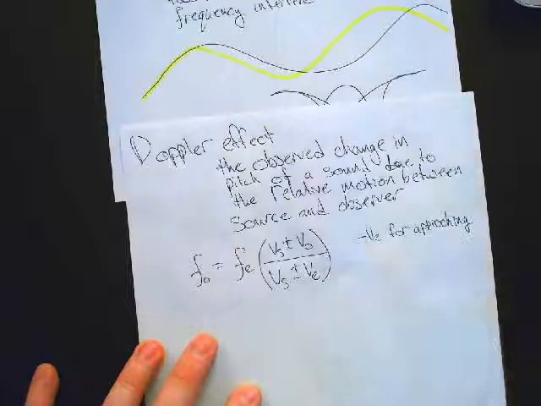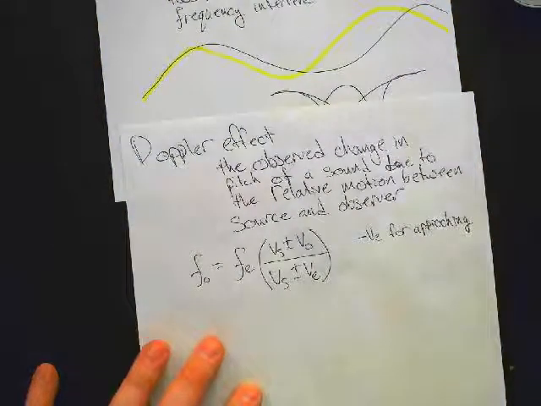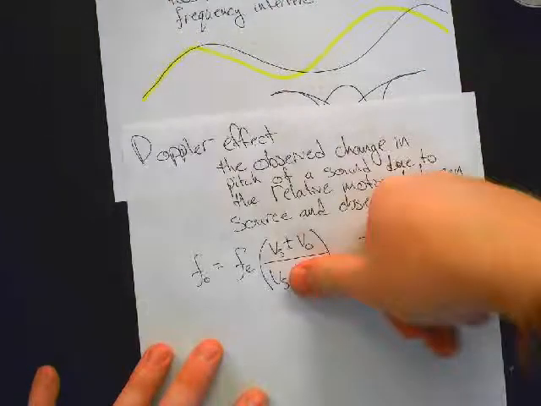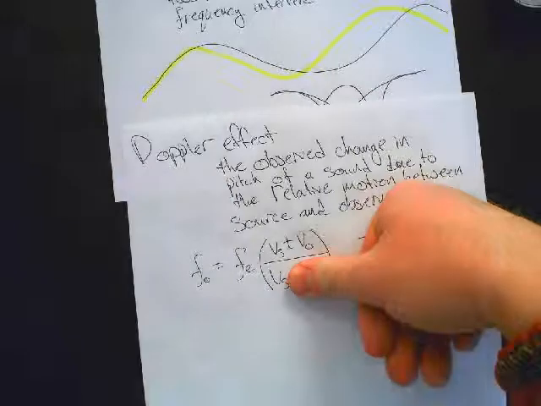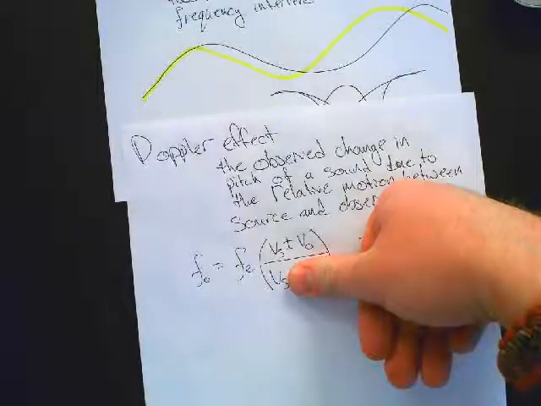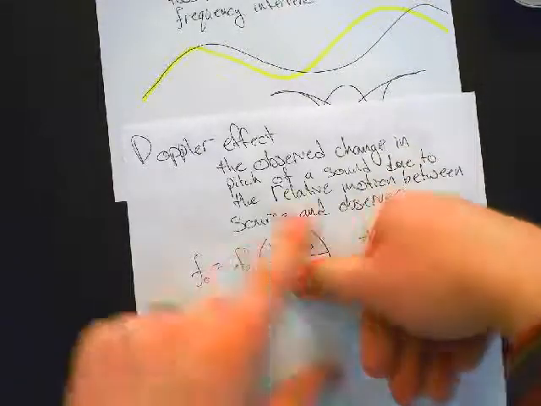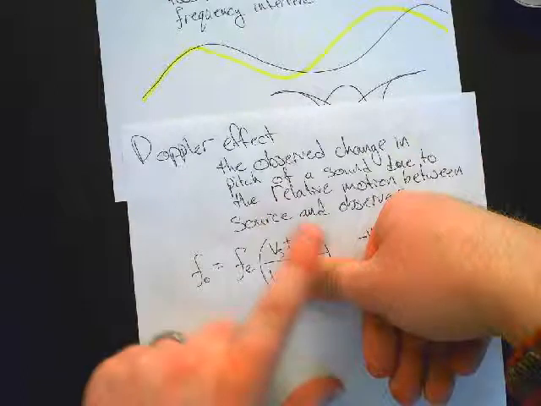All right. The cop's now stopped. You're coming up on the cop. As you approach the siren vehicle, which in this case is stationary, you will hear the frequency increase. You're driving towards the vehicle that has the siren going. So we're going to see the same thing, meaning again, we want this ratio to be greater than 1.